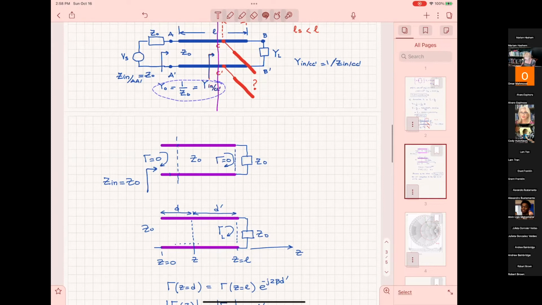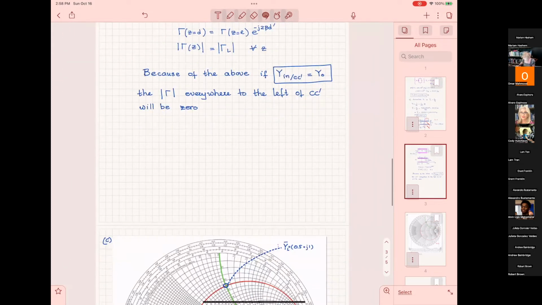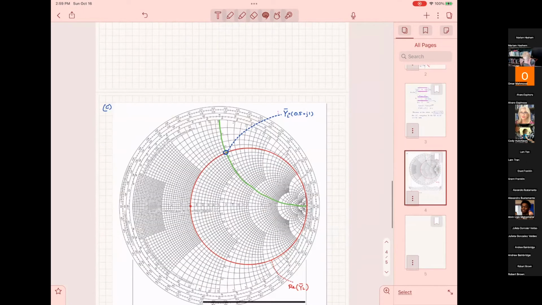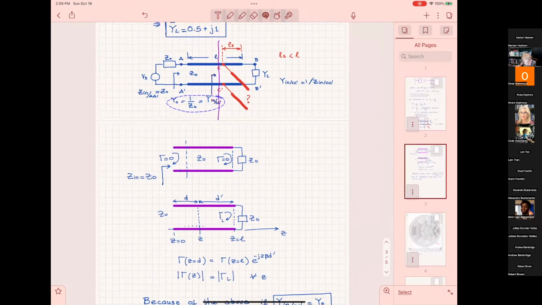Why am I saying all of this? Why do I pay attention? Because after the stub, where do I need to have my input admittance normalized? This is my input admittance. Remember, we want the input admittance here to be Y naught. And therefore, we want the normalized input impedance there to be what?